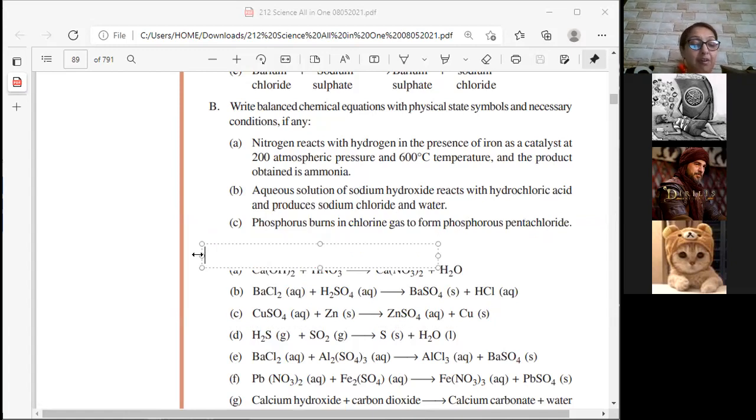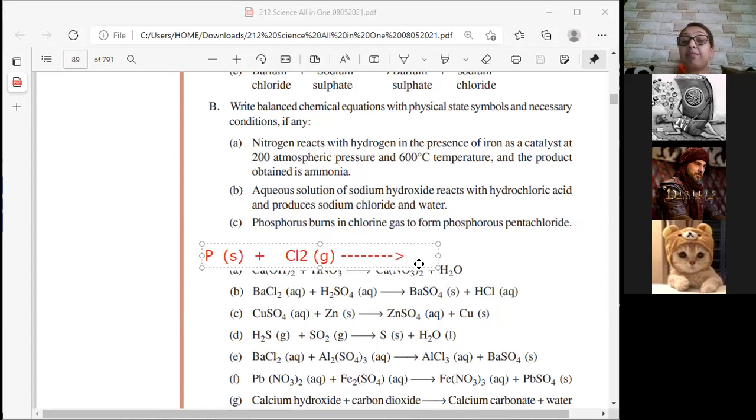Now phosphorus, P, is burning in chlorine gas, Cl2. Chlorine we have to write as gas because it's a gas. Phosphorus is going to be a solid.